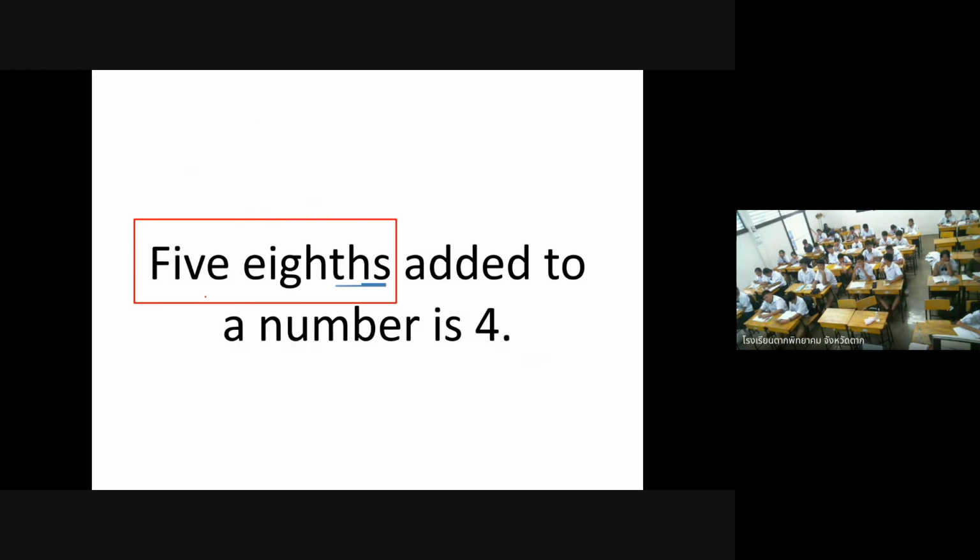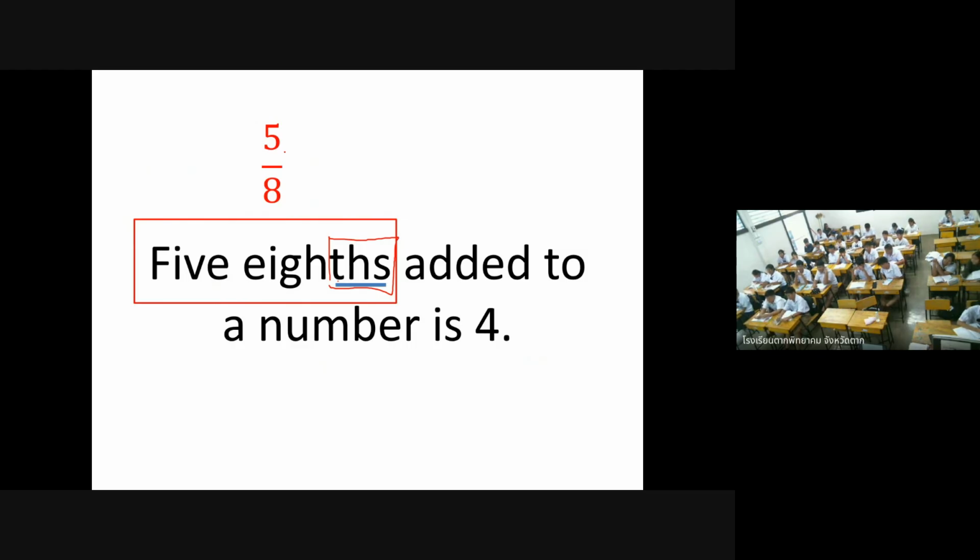The number ends with THS, meaning this is a fraction. Very good. Again, if the number ends with THS, remember it will always be a fraction. You understand? Okay. 5/8 added to a number is 4.